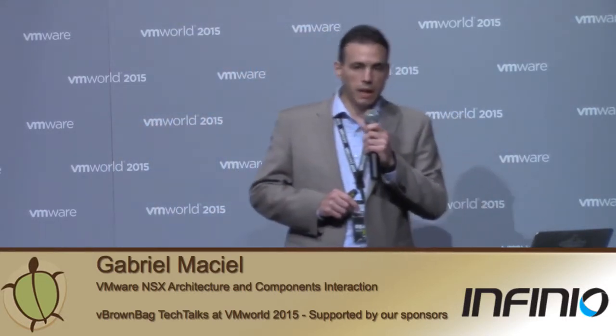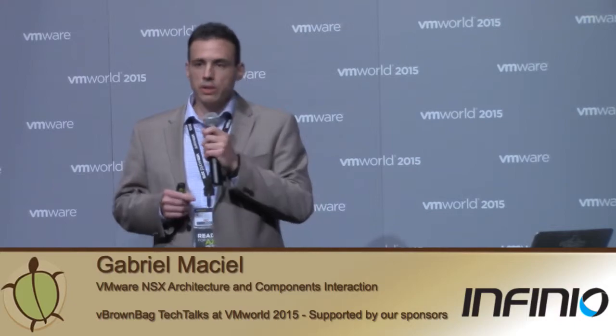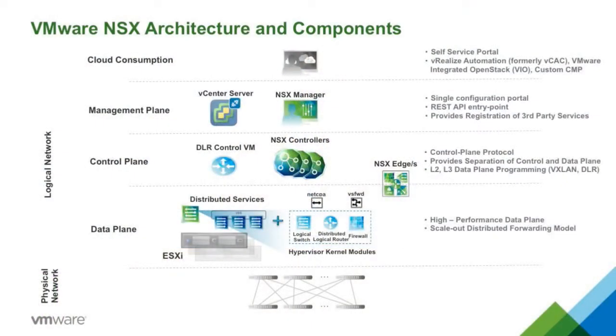Then we move into the data plane. In the data plane, the first component that we are going to need is ESXi version 5.5 and up. Then we're going to need a virtual distributed switch. This is also a requirement. And when we do the host and cluster preparation, we are going to install specific kernel modules and user world agents.